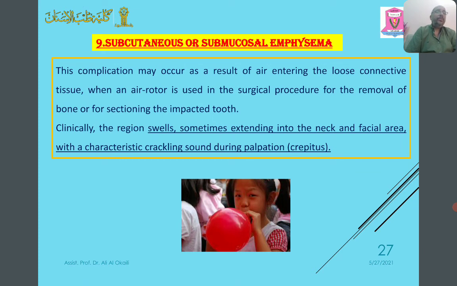Subcutaneous or submucosal emphysema. This complication may occur as a result of air entering into the loose connective tissue spaces when an air rotor is used in the surgical procedure for removal of bone or sectioning of an impacted tooth.